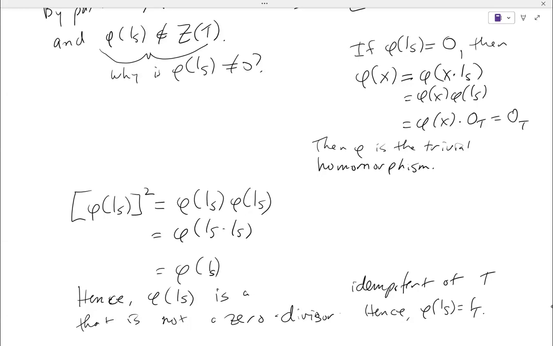One of the things that, I'm not going to write this down, so you have to write it in your notes, but one of the things that we care about non-trivial idempotents is that you get an interesting structure in the ring. We'll see what I mean by this in a little bit by this notation.